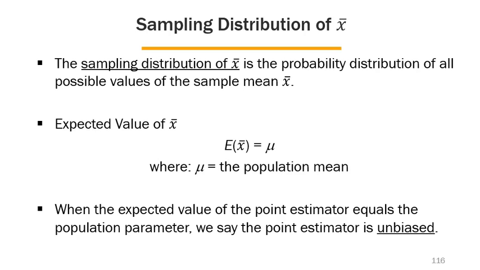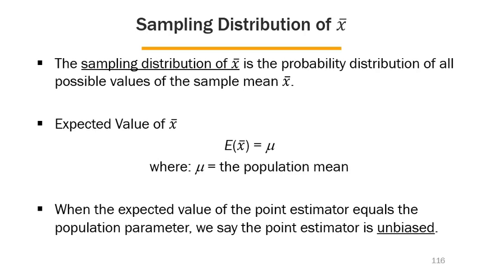With that, we have x bar as a sample statistic. We're curious about the sampling distribution of x bar. That is the probability distribution of all possible values for the sample mean x bar. To clarify, we could grab one sample that leads to x bar being 20, and another sample that leads to x bar being 21, and a different sample which leads to x bar being some other value.